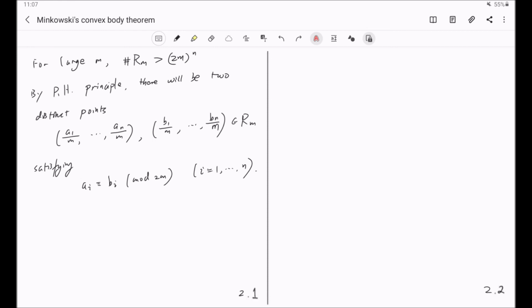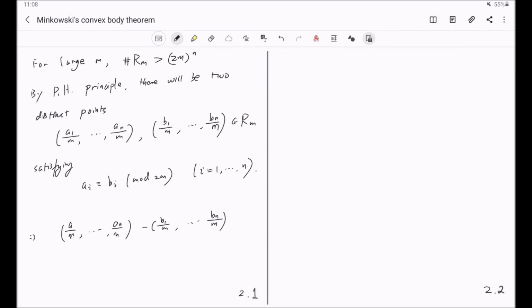Now, since this vector is in R sub m, we have its negative is also in R sub m. So the negative of this one is also in R sub m. And now we consider a linear combination of this one with the first vector.